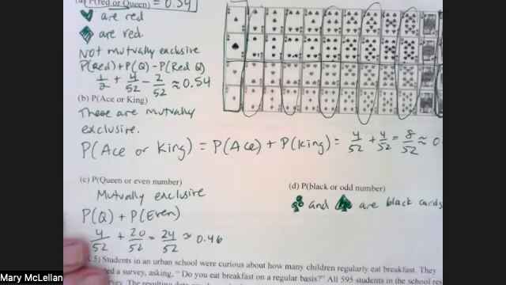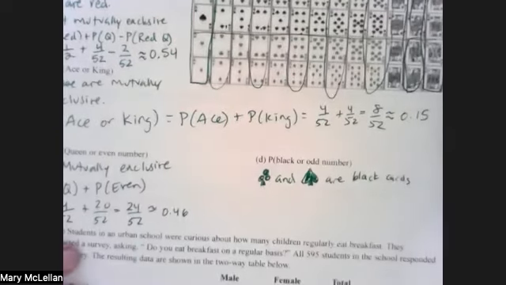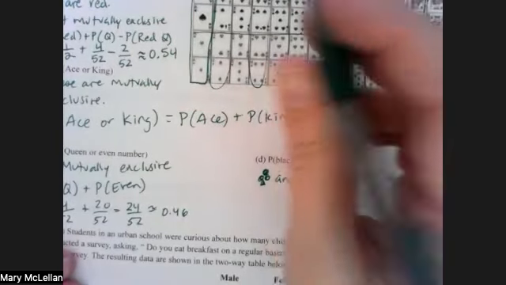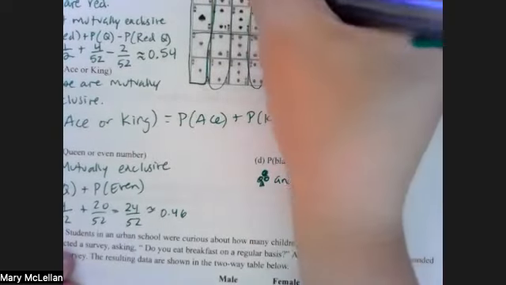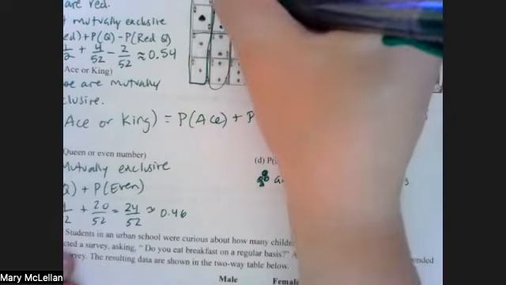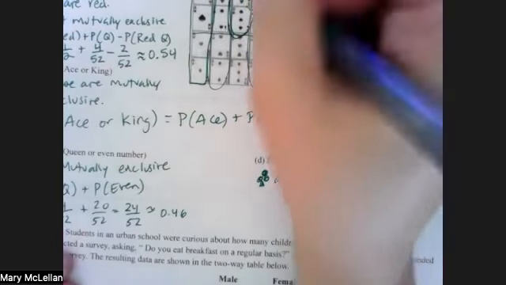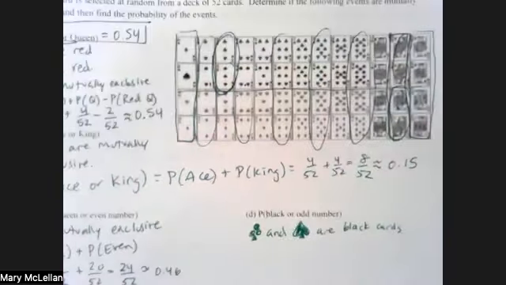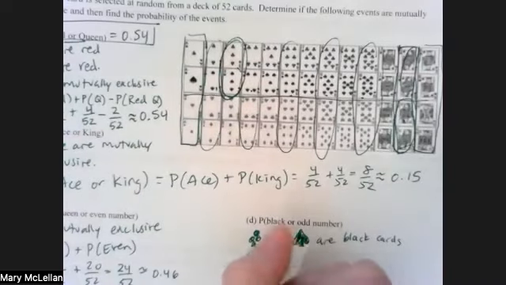And are these mutually exclusive? Well, these are not mutually exclusive. For example, you could be the 3 of clubs or the 3 of spades. So right away, I found an overlap. So not mutually exclusive.